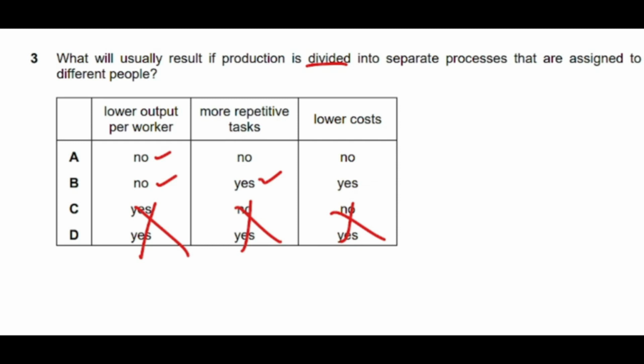So option B is the correct answer for this, because we will cross out this option. Lower cost, yes, definitely when workers are specialized and work is divided into separate parts, then the cost of production will decrease. So option B is the correct answer.